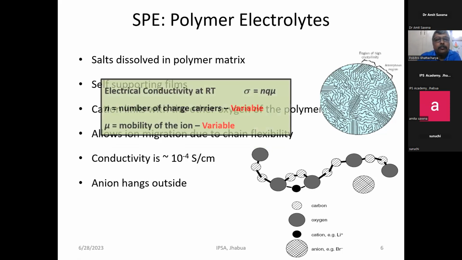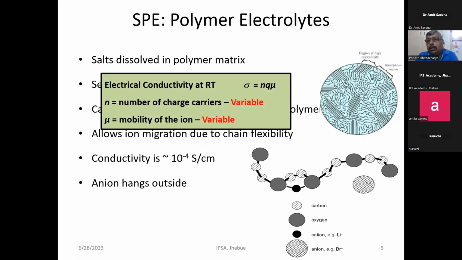Now, the parameters here will remain two, because conductivity, we know, is a product of the number of charge carriers, the charge being carried by them, and their mobility. The charge being carried by them will remain fixed. Either it is a monovalent cation or a divalent cation, so it is 1 or 2 at most. The other two parameters, the variables, will be N, the number of charge carriers, and their mobility.